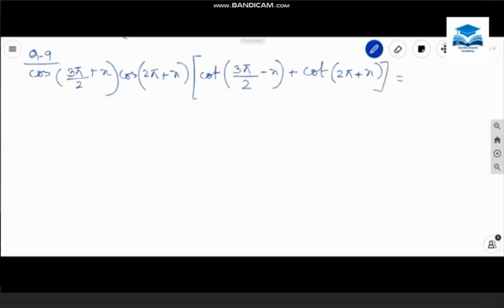It is equal to 1. This is the question. We have to prove that the value of all these is equal to 1.